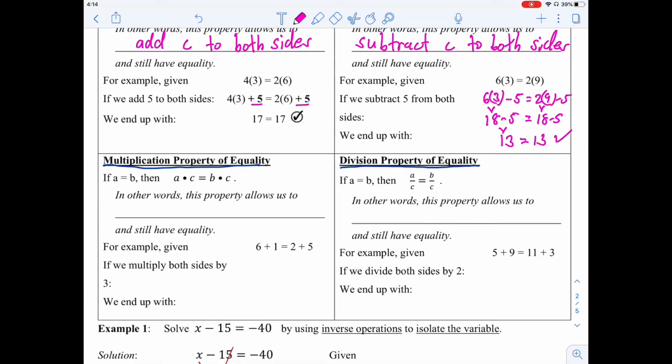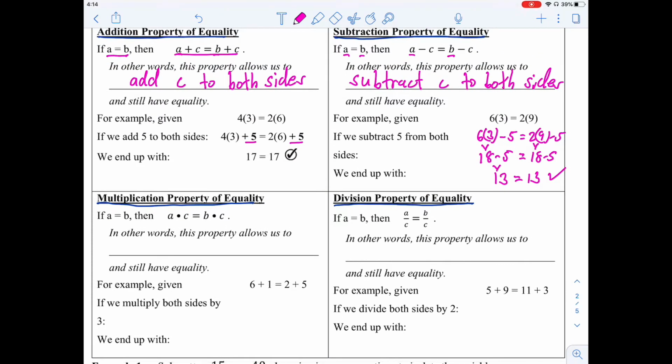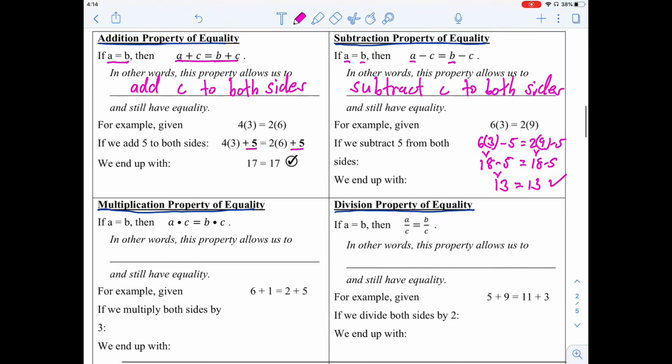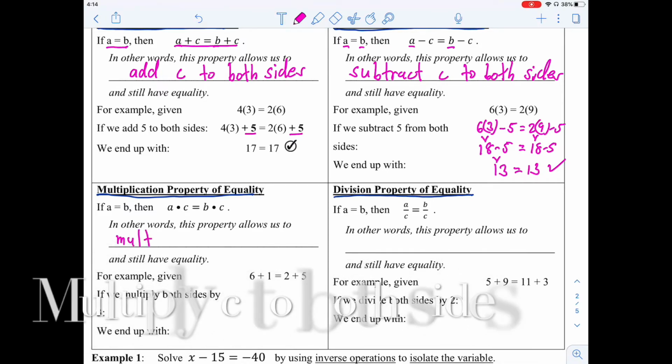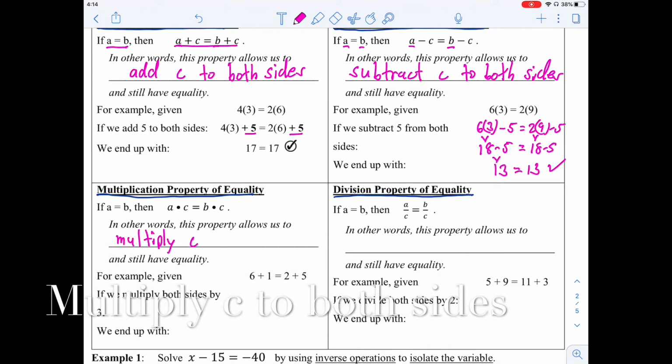Okay, multiplication, same thing, right? So addition, you can add C to both sides. Subtraction, we can subtract C from both sides. Multiplication, we can multiply C to both sides and still have equality. So we have our C, we multiply C to both sides. So example, 6 plus 1 equals 2 plus 5. They're both 7.